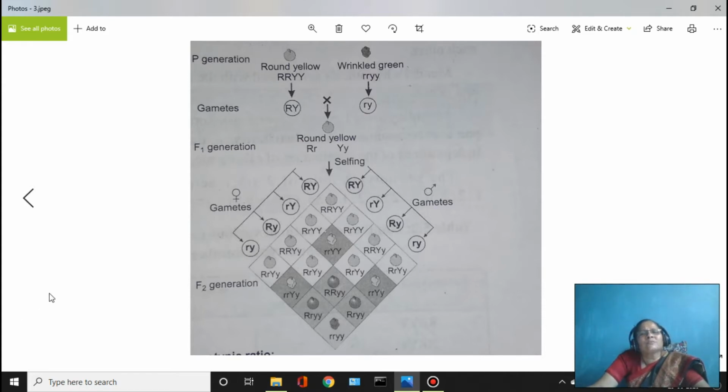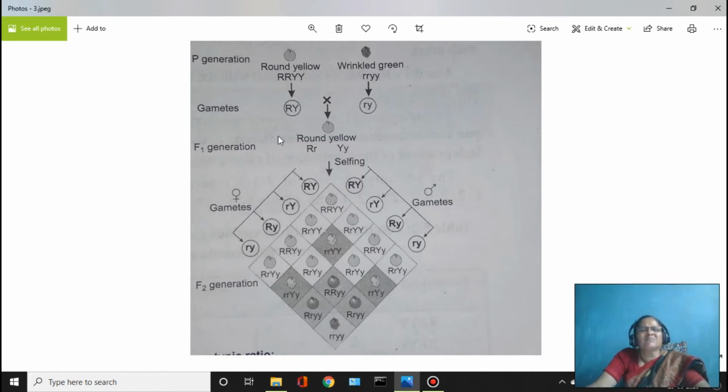So he took the parental generation as round seed, and the color of the seed is yellow, representing the symbol capital R capital R, capital Y capital Y, crossed with wrinkled green, small r small r, small y small y. Both are homozygous. Generation after generation, they produce this type of progeny.